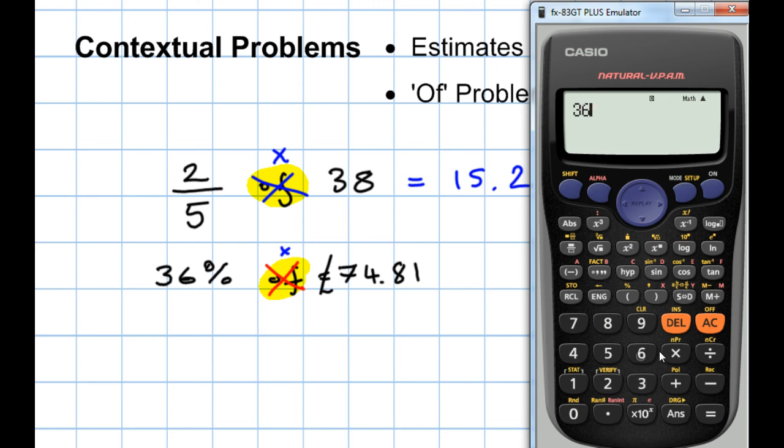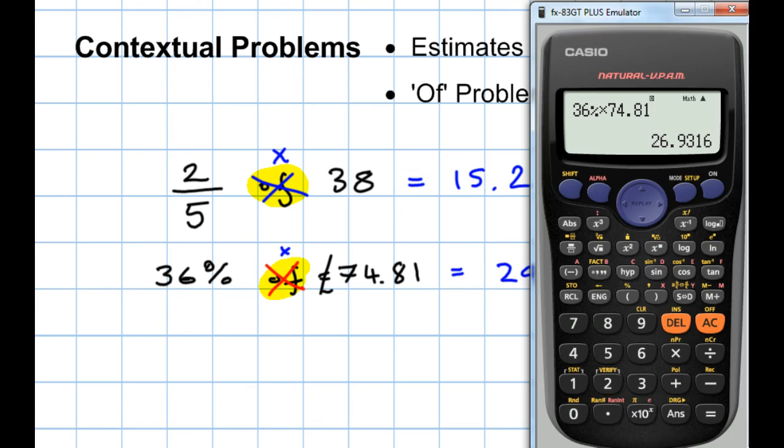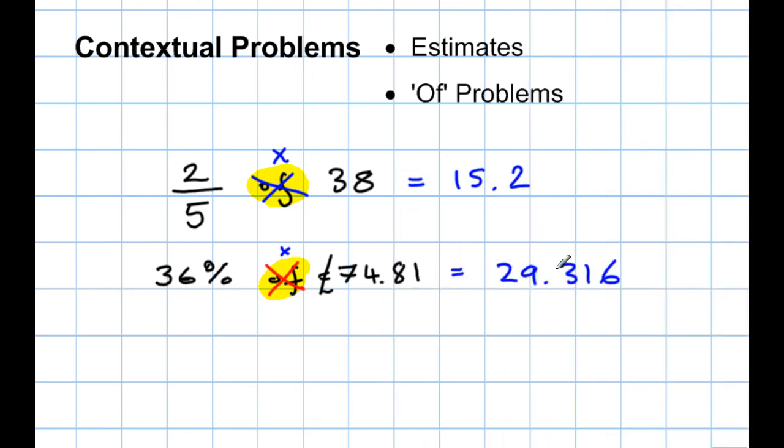You type in 36 and then find the percent button. Then we do times 74.81, and there's our answer, 29.316. Let's just double check the memory. 29.316. It does go quickly, doesn't it?